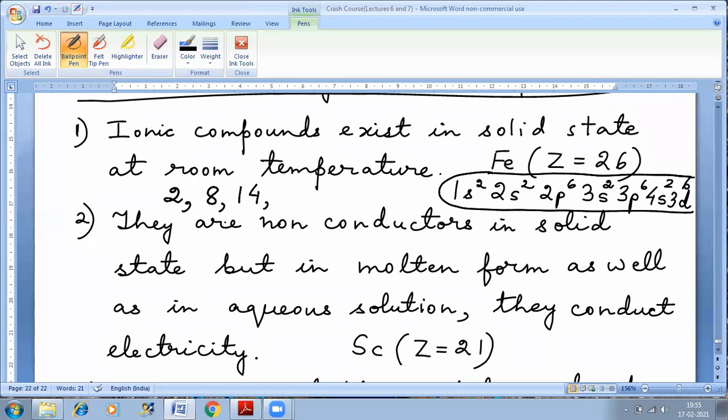Then after 14, we have to look at the last shell, which is the fourth shell, which is 2. Again, it is 4s2. So this is the electronic configuration of Fe.